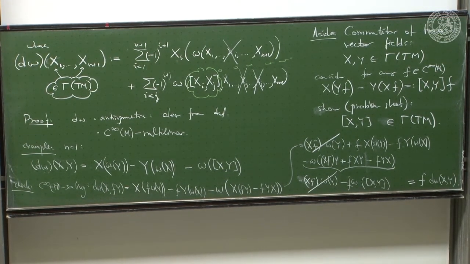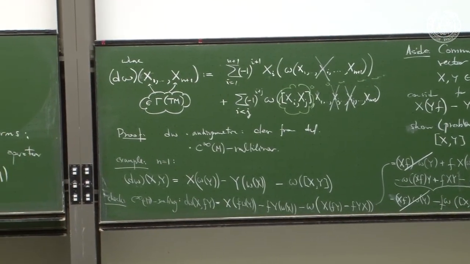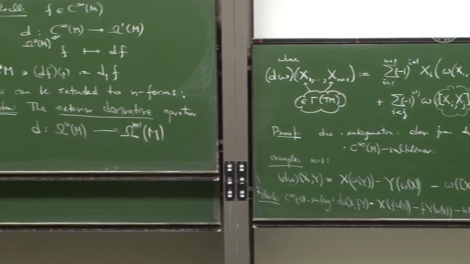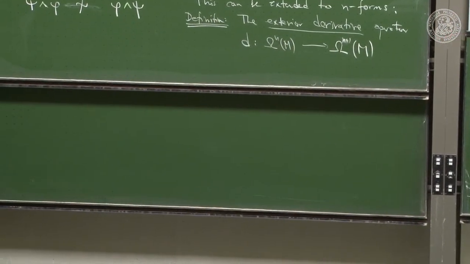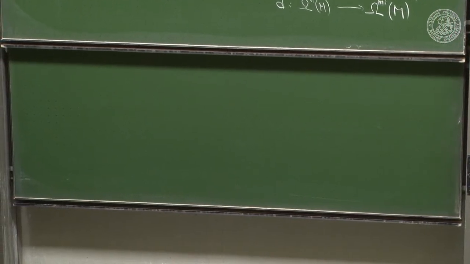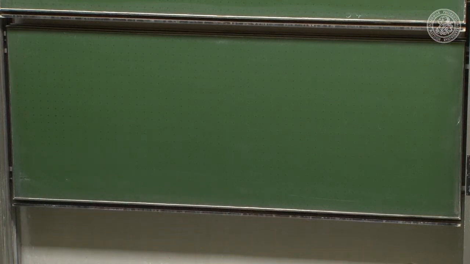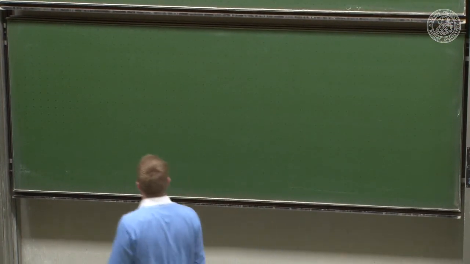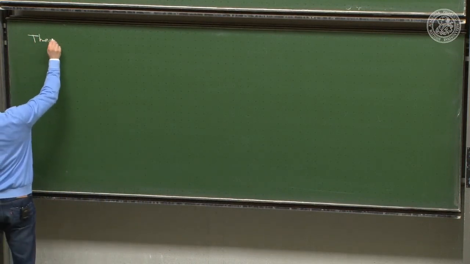And so then there are two more remarks. So the question is, how does this d commute, how does it talk to the wedge?